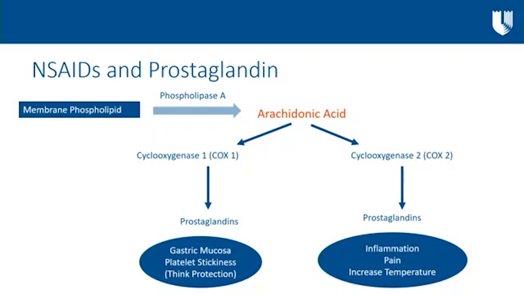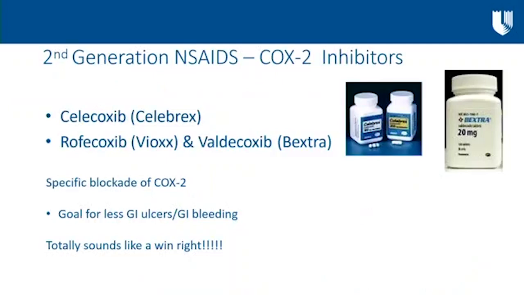Now, we said we could be smart. So we said, if I really wanted to avoid all of that stuff and the ickiness, I would develop something that just inhibits cyclooxygenase 2. And we are smart. So in the late 90s, we said, we are so smart, we're going to do that, okay? So we developed the COX-2 inhibitors, and that first one was Celebrex, celecoxib, and then rofecoxib and valdecoxib.